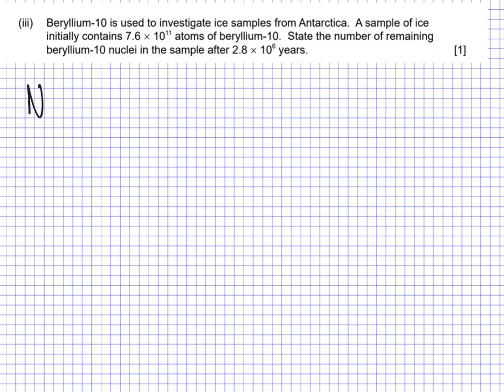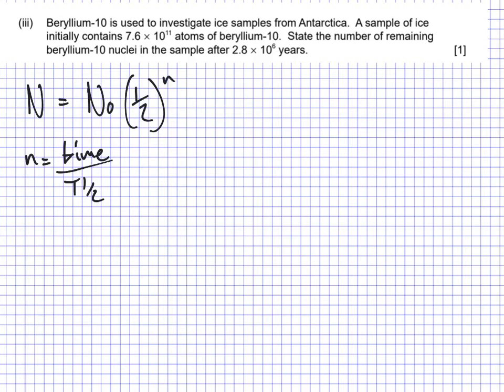We know that the new amount of whatever it is that's transmuted is going to be equal to the original amount multiplied by the half to the exponent n, where n is the time that's elapsed over the half-life time. Okay, so what do we have? Let's have a look at the question. It's used, beryllium-10 is used to investigate ice samples from Antarctica.